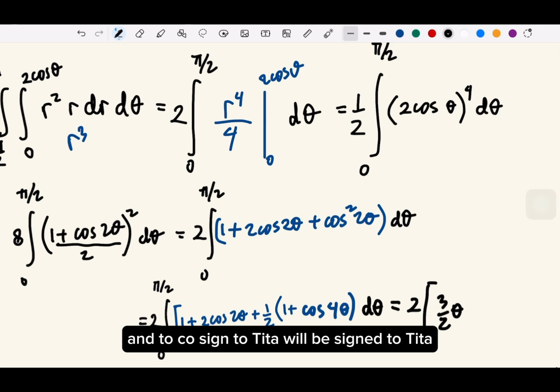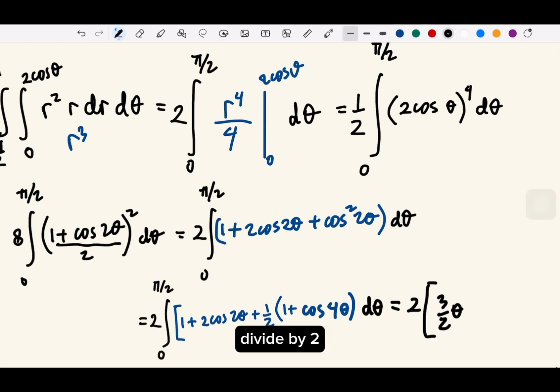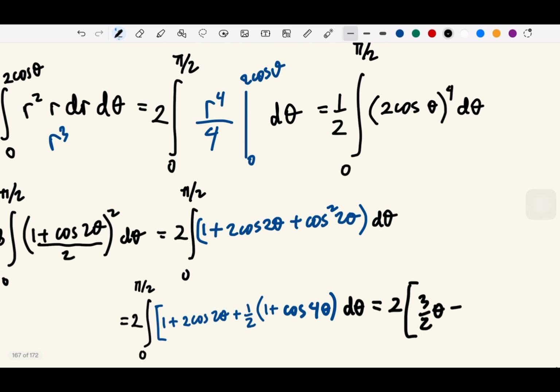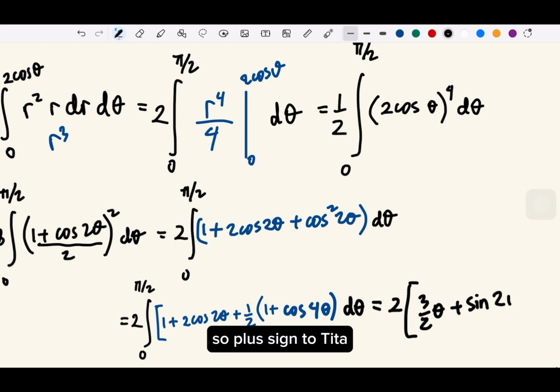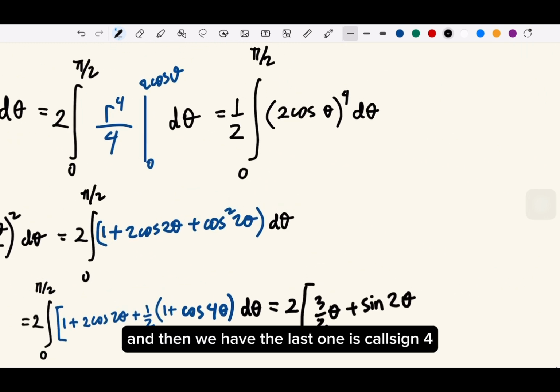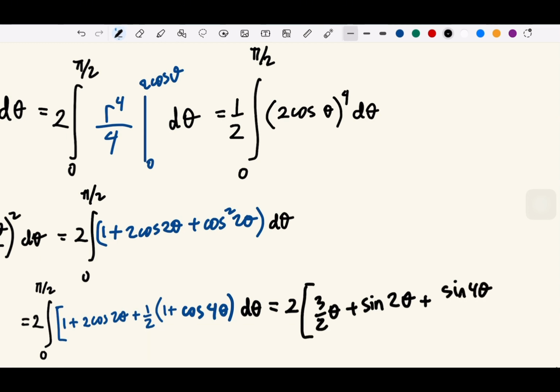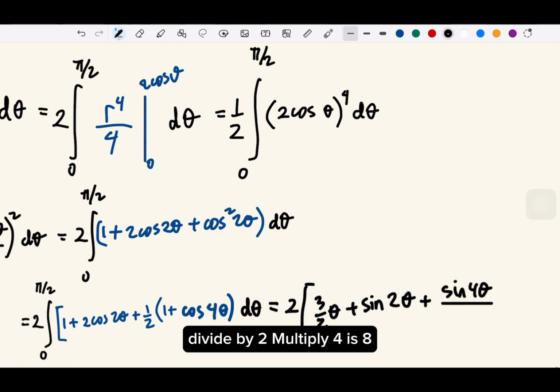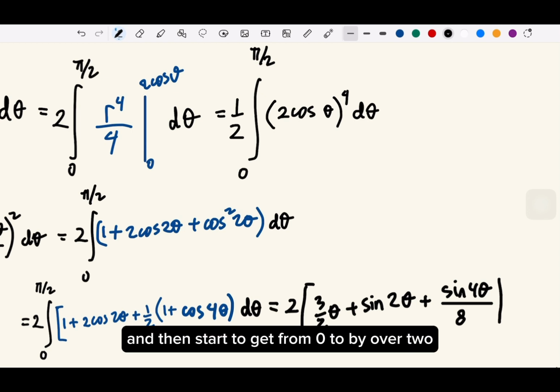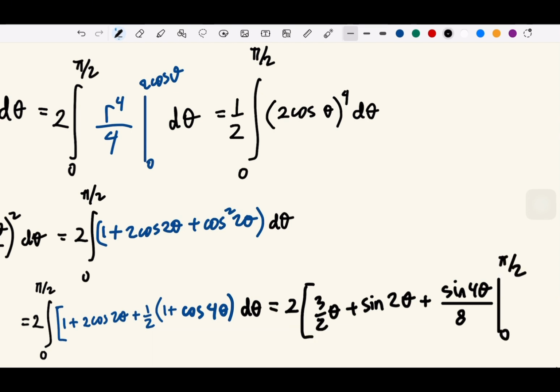Okay. And 2 cosine 2 theta will be sine 2 theta divided by 2, so the 2 will be cancelled. So plus sine 2 theta. And then the last one is cosine 4 theta, so this will be half times sine 4 theta divided by 4, which is 8. Okay, and then we evaluate from 0 to pi over 2.